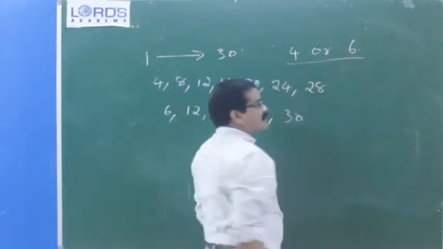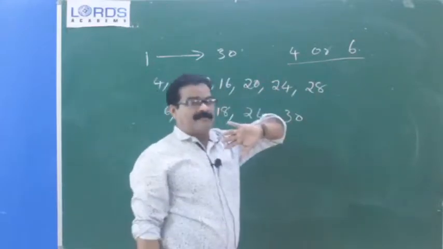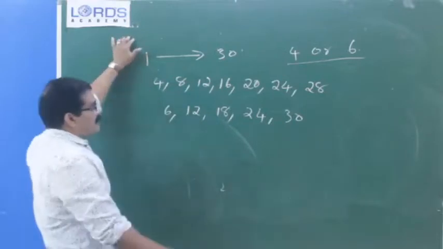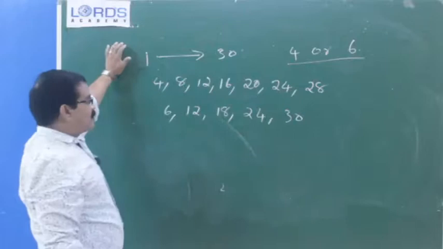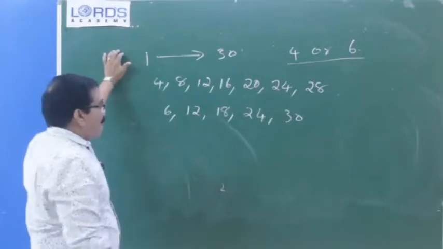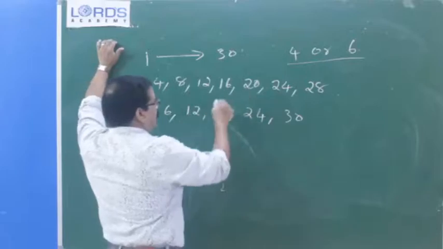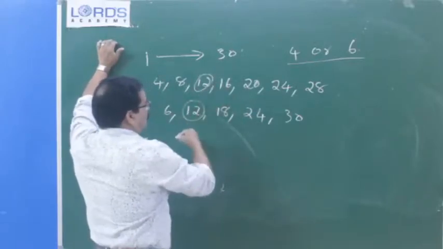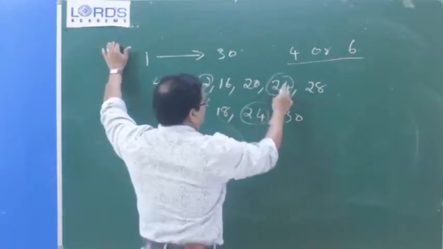Consider what is the probability of getting a multiple of 4 or 6. When you take this, you have to take the union. In the intersection, you can see 12 and 12, and again 24 appear two times.